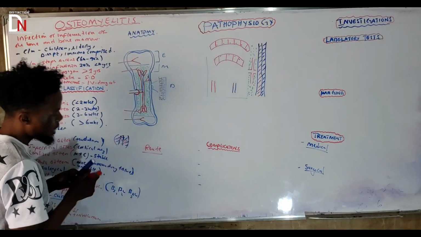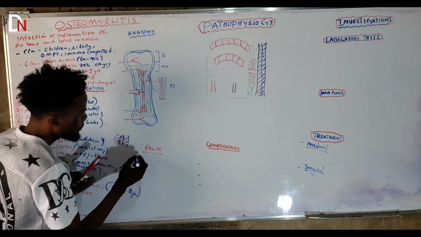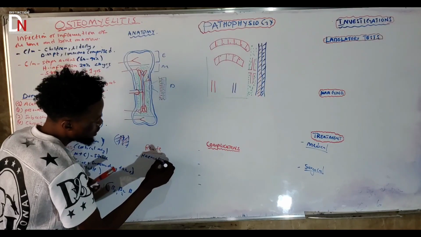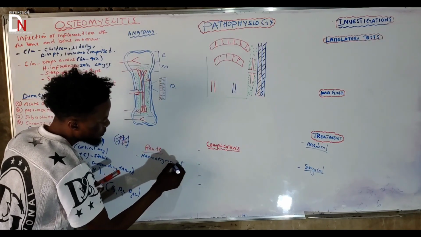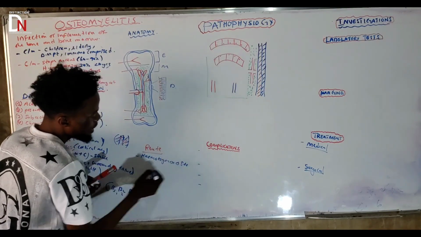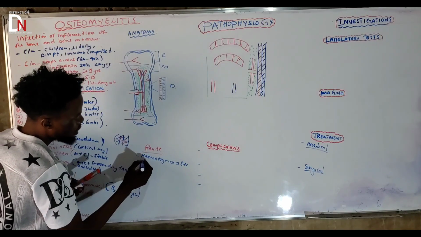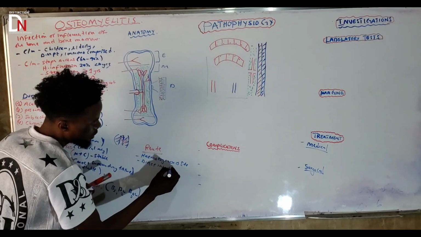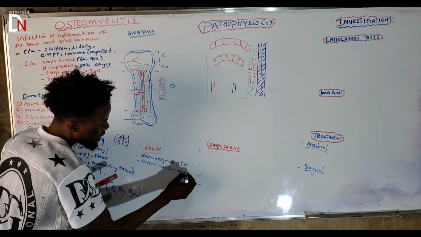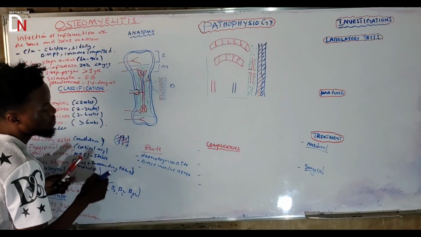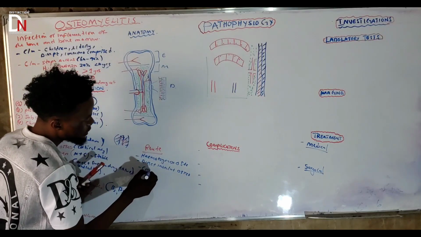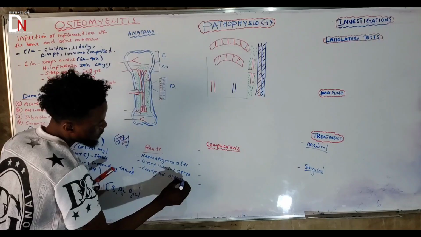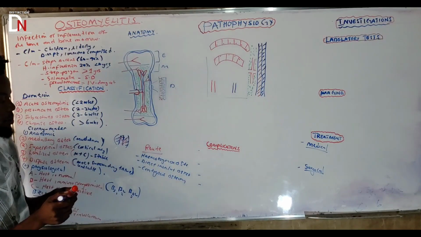So we're saying hematogenous osteomyelitis, direct inoculation osteomyelitis. What is the other one? The last one is contiguous, okay, contiguous type of osteomyelitis.